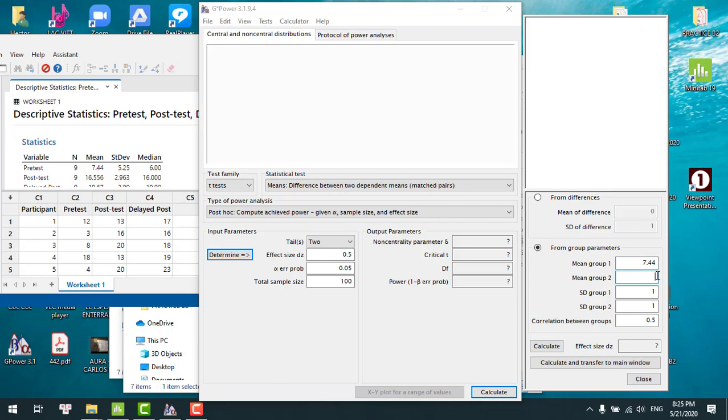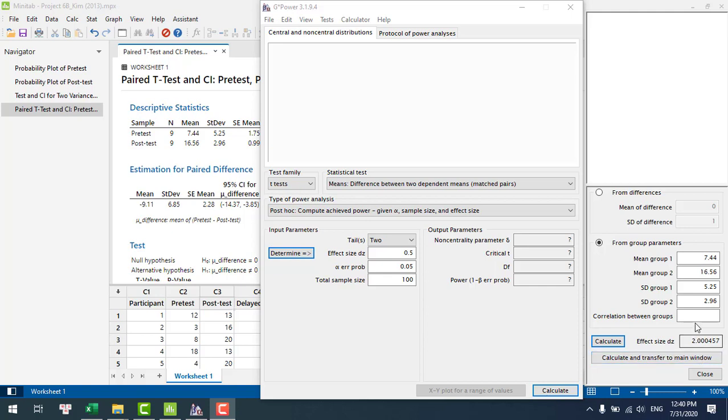For group 2, we had 16.556. The standard deviation for group 1 was 5.25, and the standard deviation for group 2 was 2.963. Okay, so we enter that. Now notice that here it is asking us for a correlation between the two groups.